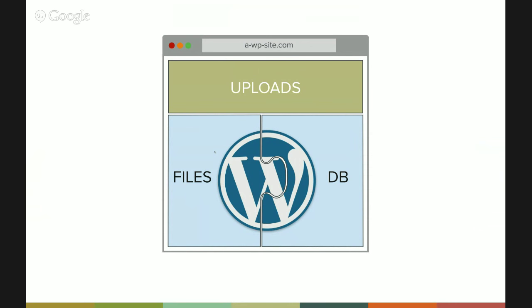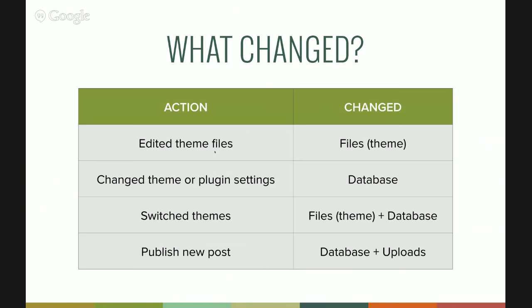So what changed? Let's say, for example, you're developing a new theme and you have been working on functions.php and style.css. So in this case, only the files component of WordPress change. And in fact, it is only the two files that change.